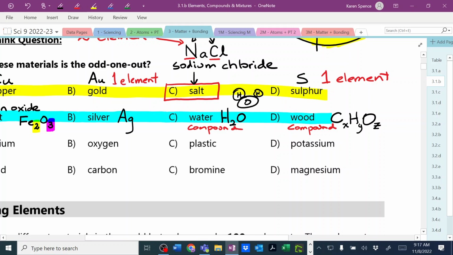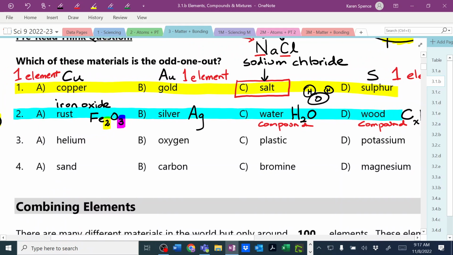Yeah. And if we look at iron, is iron made of one type of element or more than one type of element? It's made of iron and oxygen, more than one type of element. If it was just iron, that would be an element, but it's iron and oxygen.